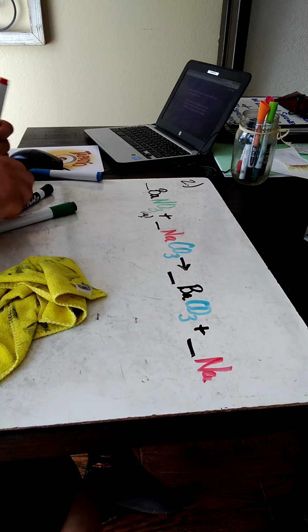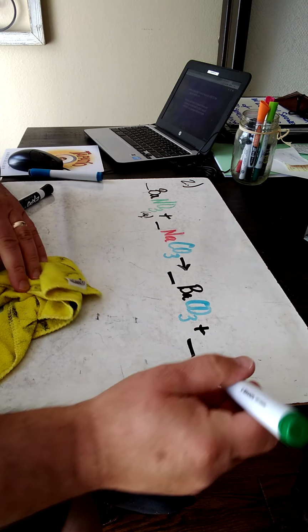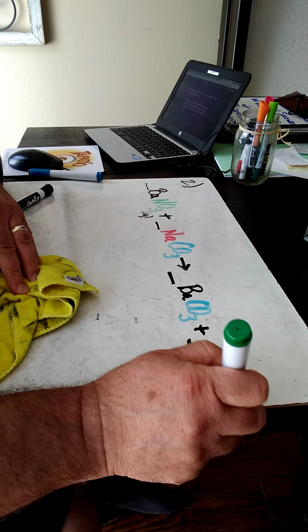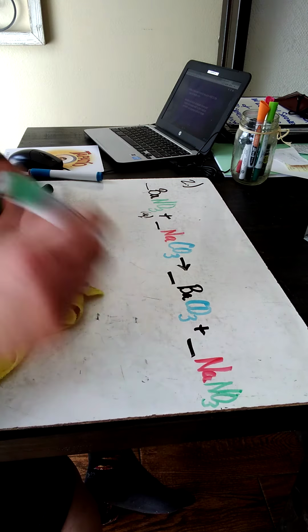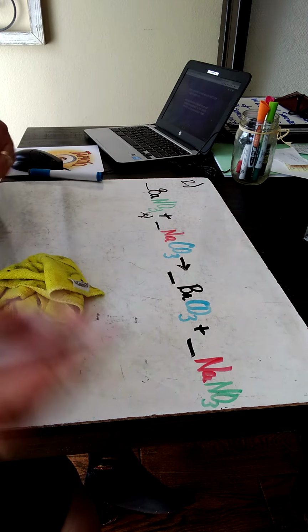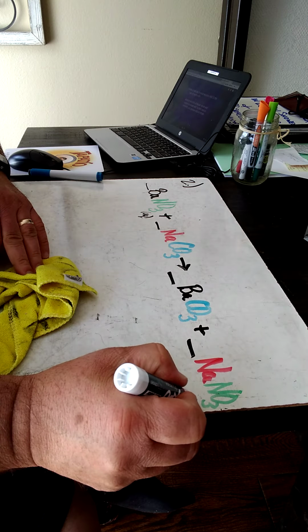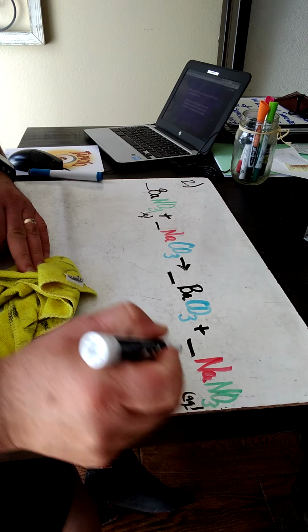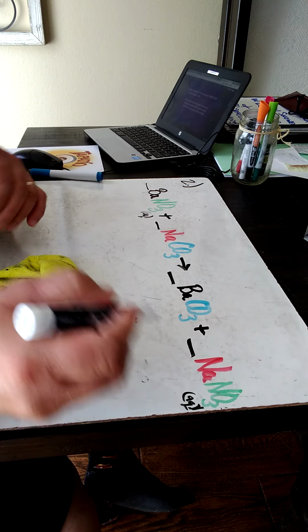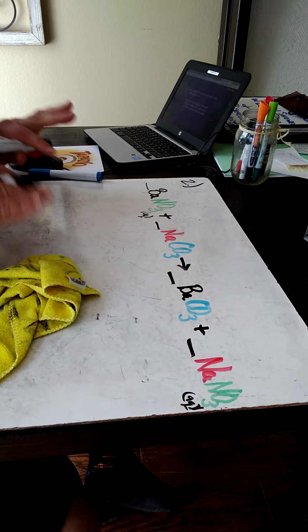Sodium nitrate. We'll have to barely squeeze this in, so bear with me. Still get the little aqueous symbol down below here, AQ. All right, so there's our skeleton of the problem.